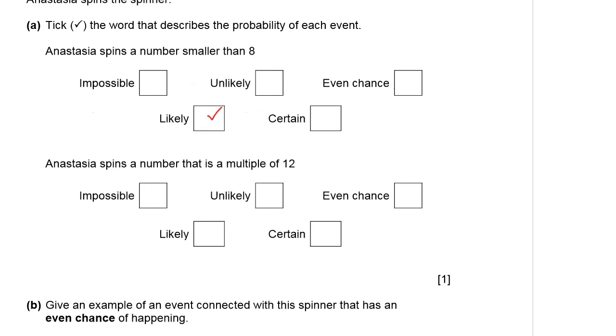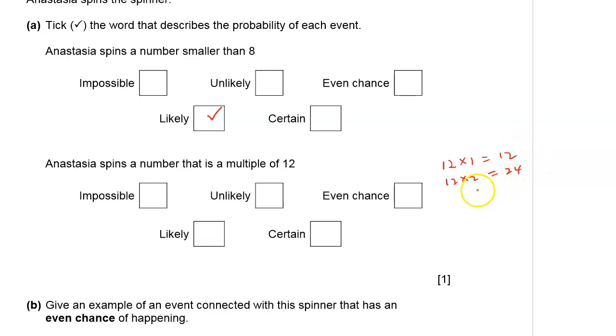Anastasia spins a number that is a multiple of 12. Of course, we know that multiples of 12 are 12 times 1 gives us 12, 12 times 2 gives us 24. We do not have either of these.